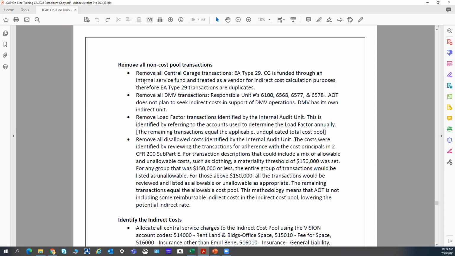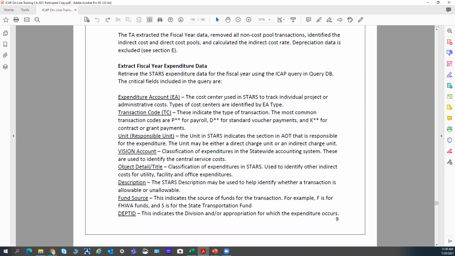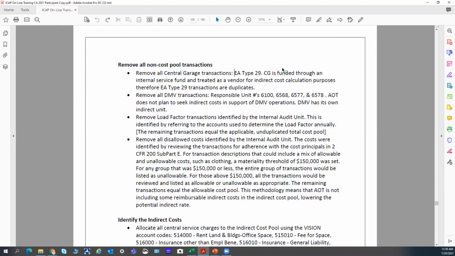But here's what they've done. In your EA type, let's back up and see what that is. It's the cost center used to track individual project administration costs. That's what the EA is, and here in the centralized garage, the EA is type 29.